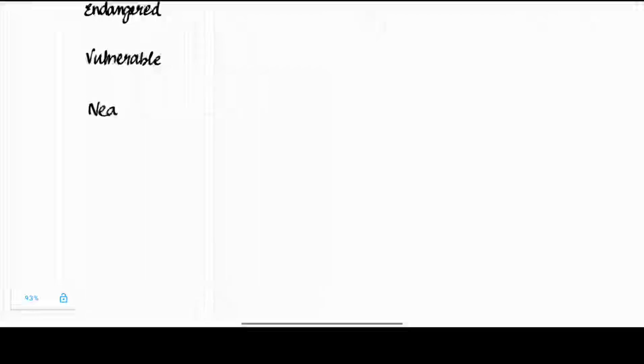After that, we have near threatened, then least concern. Then data deficient, and not evaluated.